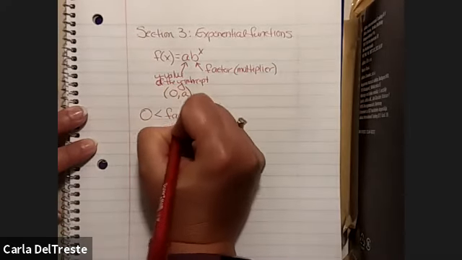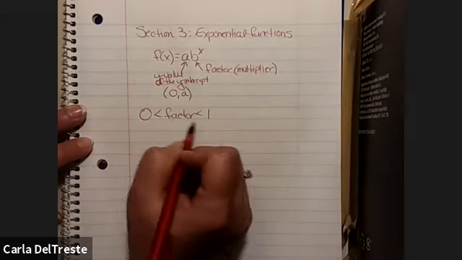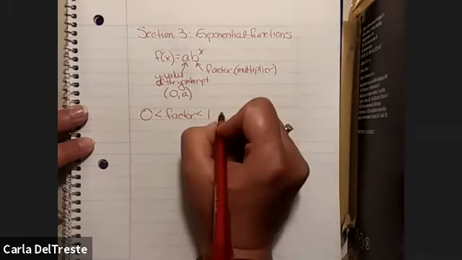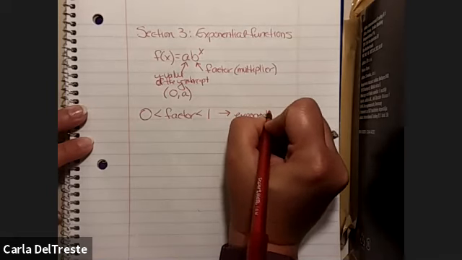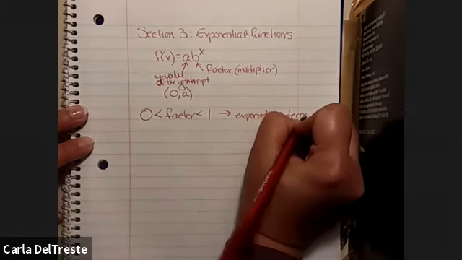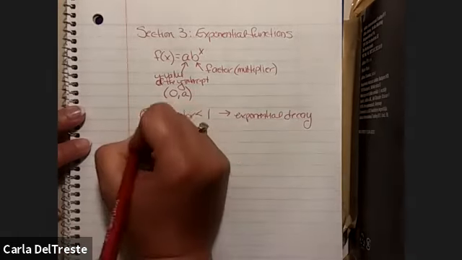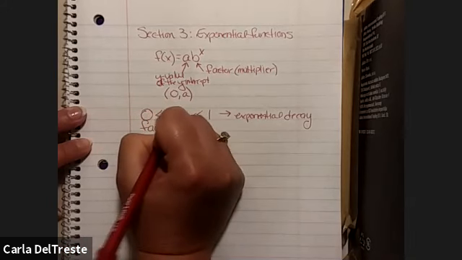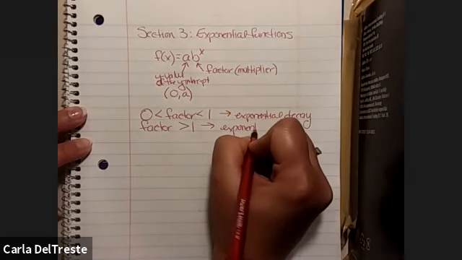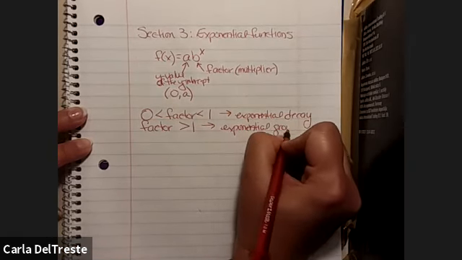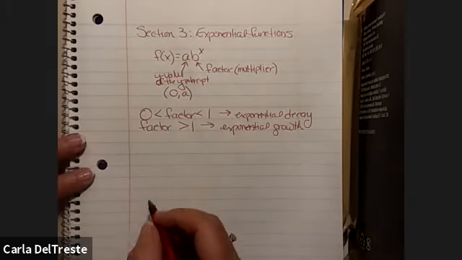If the factor is a decimal or a fraction, or in other words, between 0 and 1, we know that we have exponential decay because we're only taking a fraction of the previous amount every time. And we know that if the factor is greater than 1, then that tells us we have exponential growth because we're multiplying the way that we normally multiply, and we get larger and larger every time.